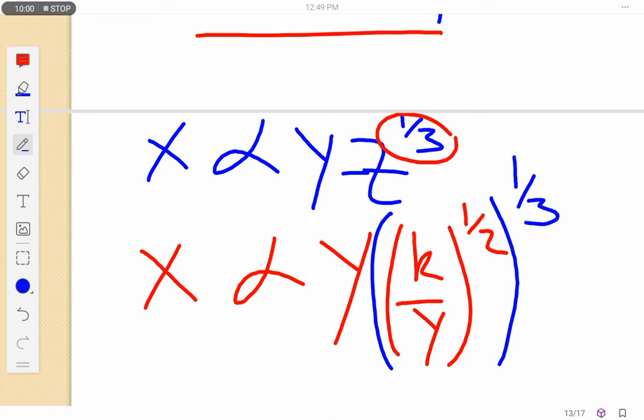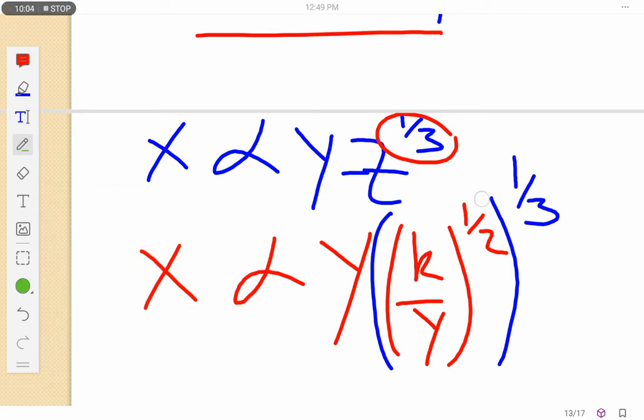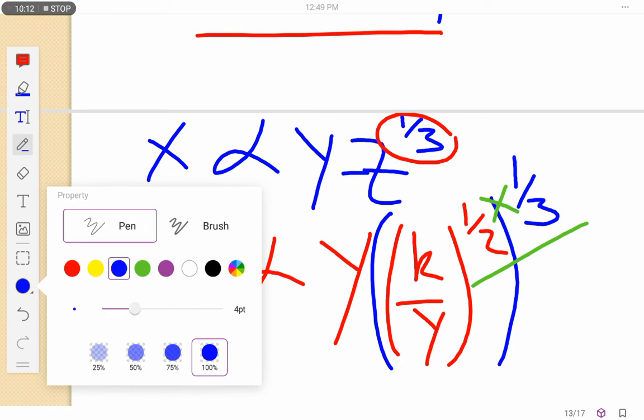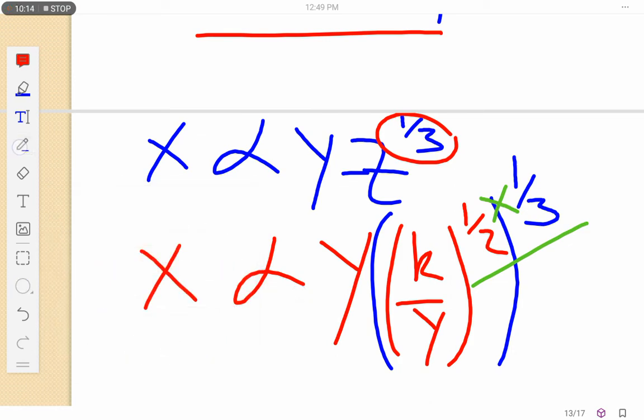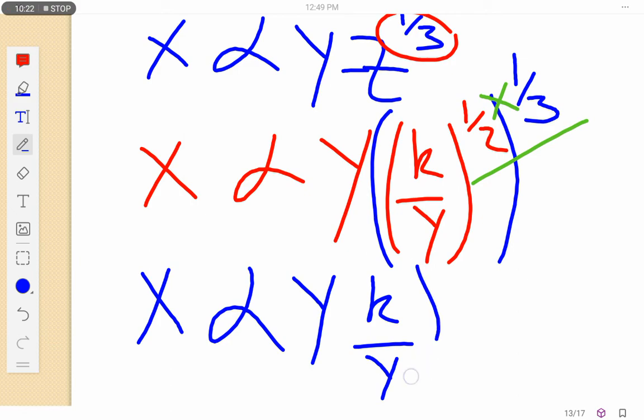If we have something like this, it simply means you can multiply these two powers and get your solution. So multiplying those two, what do I get? I will get x varies with y and k over y to the power of 1 over 2 times 1 over 3, which is 1 over 6.